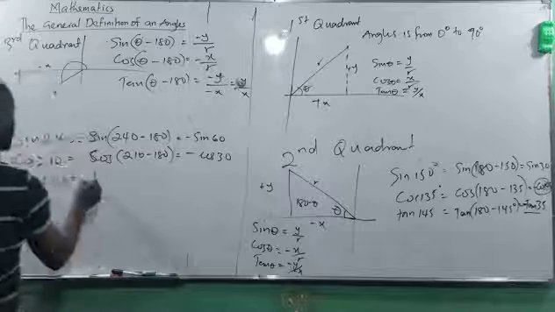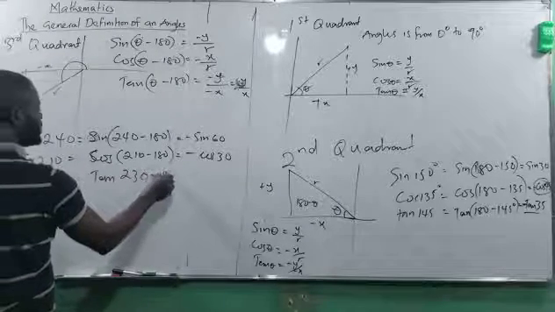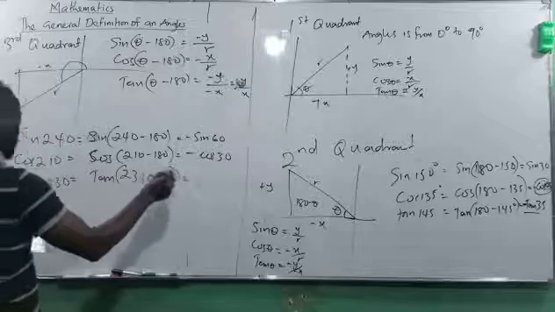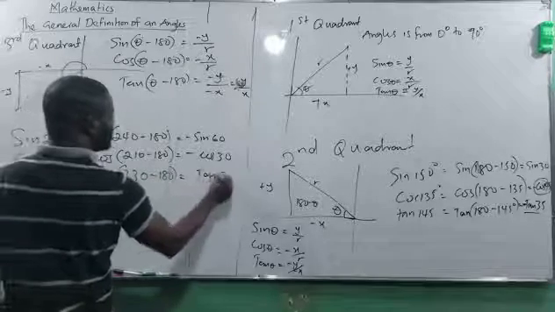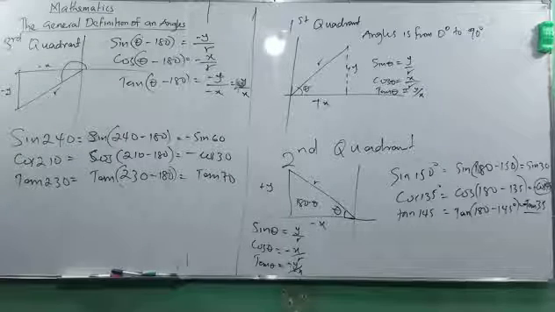And the last part, tan 230 minus 180, which is equal to tan 50. Now, can you see only this will be positive, the others will be negative? Please master this very well.